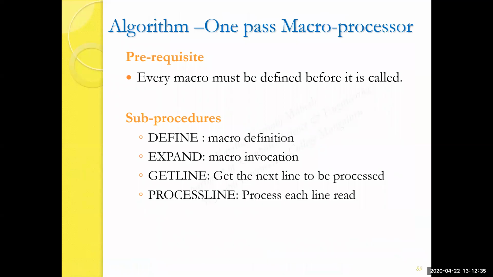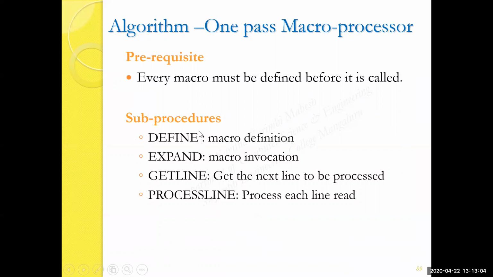We are now ready to look into the algorithm for the one-pass macroprocessor. A one-pass macroprocessor requires that macro definitions appear in the source program before the macro invocations. That is, macros must be defined before they are called. The main algorithm or main procedure makes use of 4 sub-procedures, namely define, expand, getLine, and processLine.